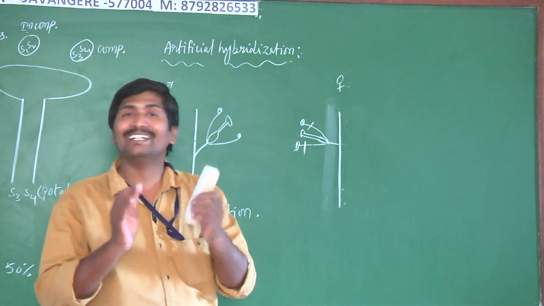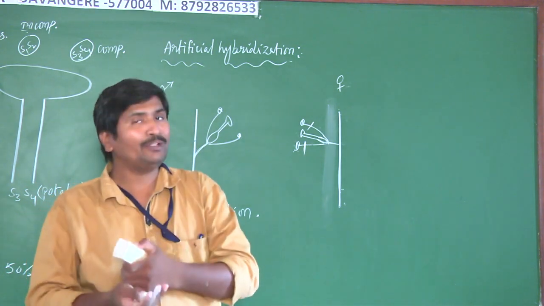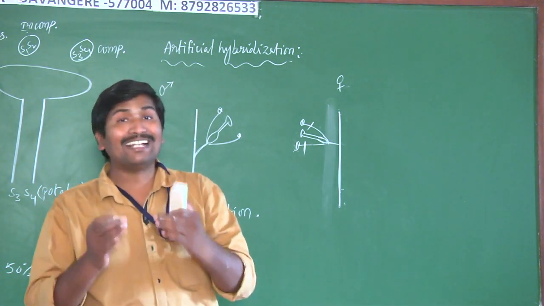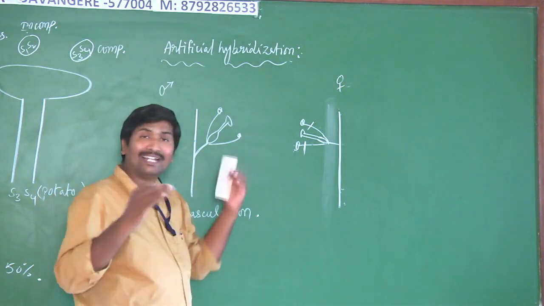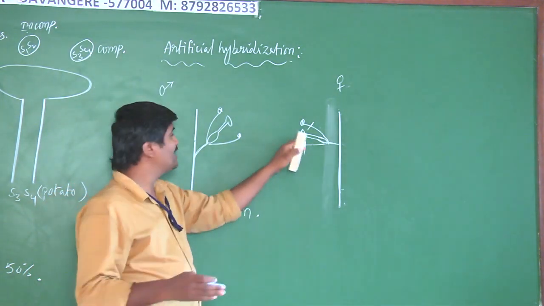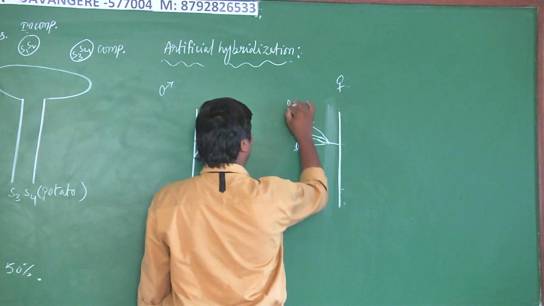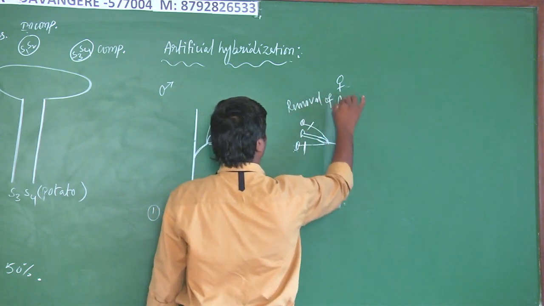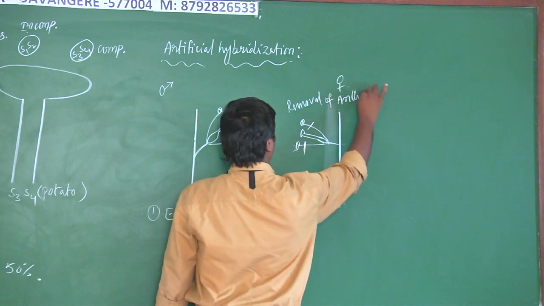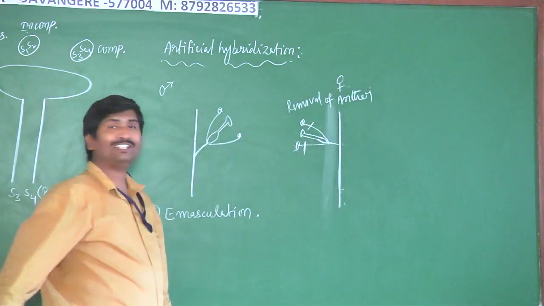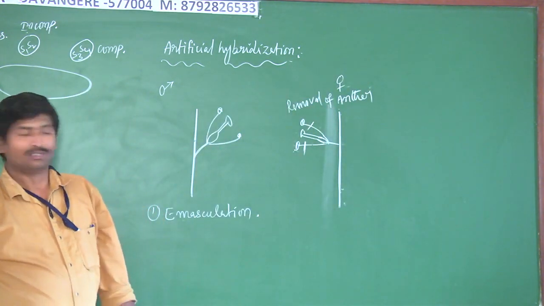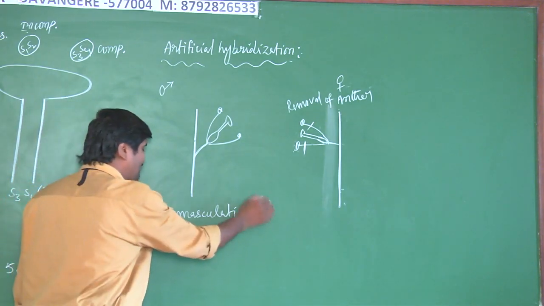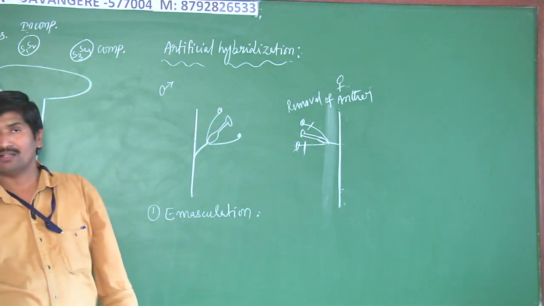It is one of the techniques in a plant breeding program. When the selected female parent contains bisexual flowers, immediately remove the anthers in bud stage. That is known as emasculation.